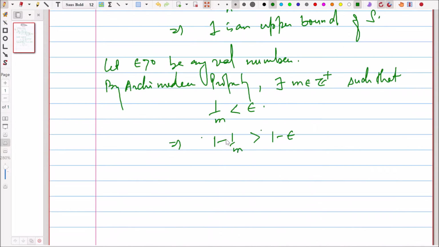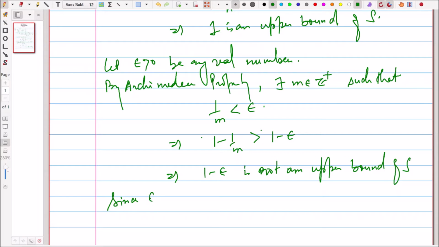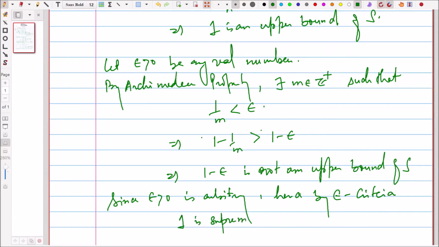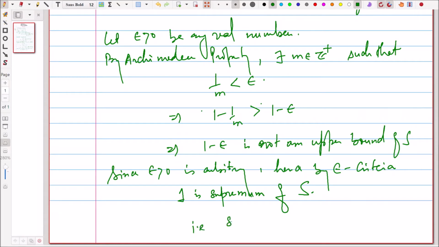So m being a natural number, 1 minus 1 by m belongs to S. So this implies 1 minus epsilon is not an upper bound of S. Now since epsilon greater than 0 is arbitrary, hence by the epsilon criteria 1 is the supremum of S, that is, supremum of S is equal to 1, hence proved.